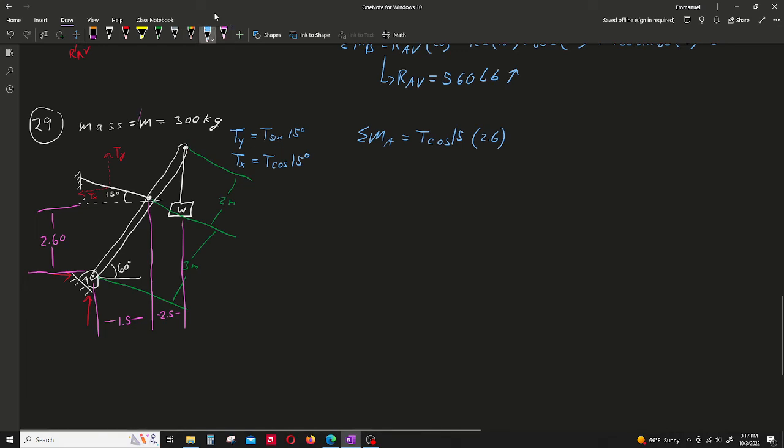All right, so what is this? So the moment at A is going to be T cosine 15 times the 2.6 plus T the sine of 15 times the 1.5 minus 2.94 times 2.5.